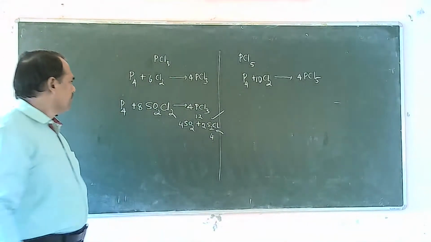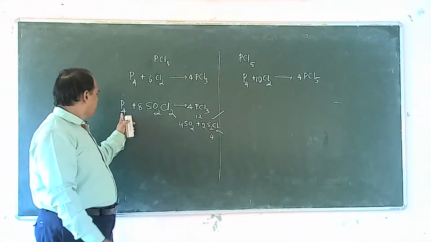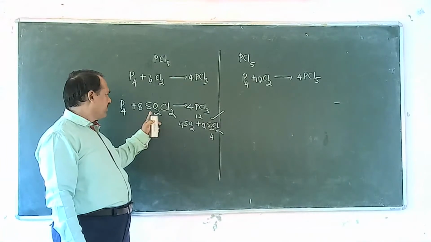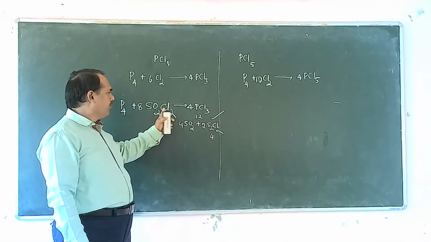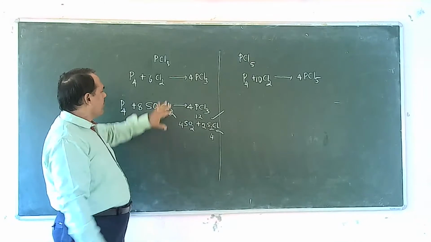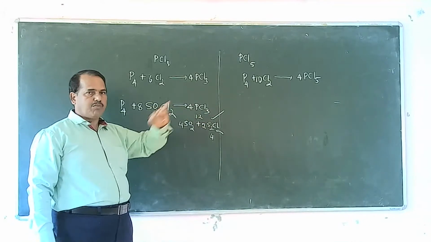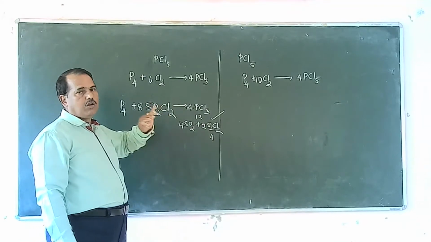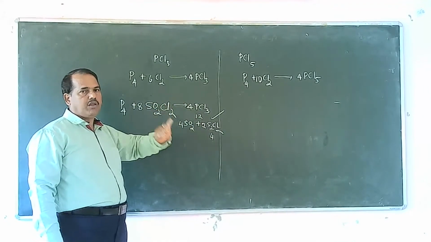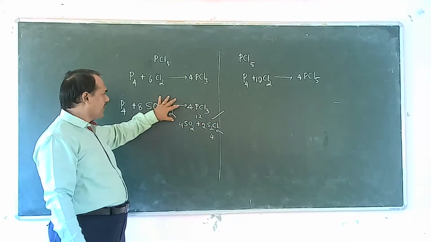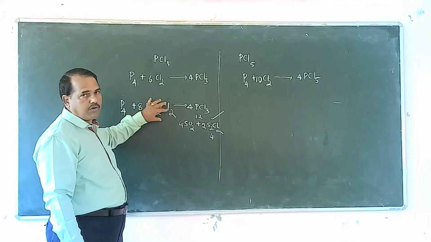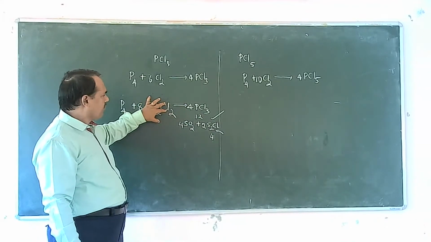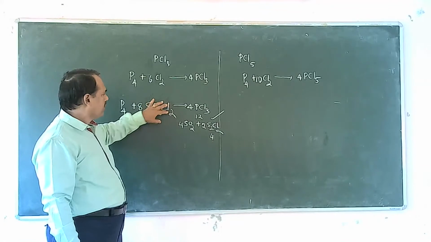I'll repeat again. See, white phosphorus, when it is treated with sulfuryl chloride, which is obtained by continuous chlorine gas passing into concentrated sulfuric acid, the 2 hydroxyl groups of the sulfuric acid are replaced by chlorine atoms, and we will get sulfuryl chloride. It's called sulfuryl chloride.